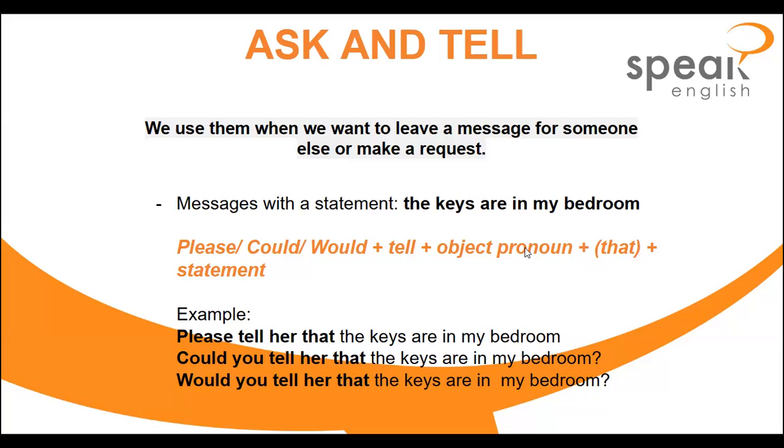So in here, we can use an object pronoun or we can use the name of the person. So the word that is optional, okay? You can use it or you cannot, okay? That is not like a rule that we have.